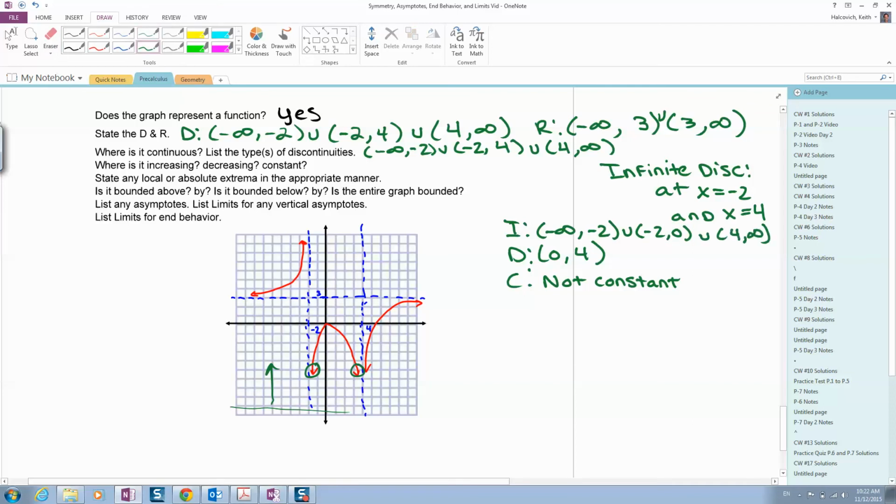Then it says state any local or absolute extrema. So here, notice you have a local max, because that's the top of the parabola, local maximum of 0 at 0.